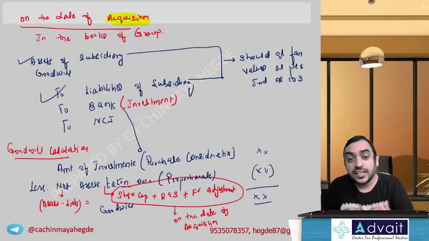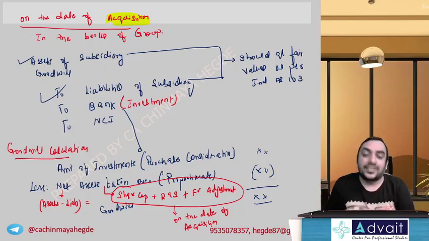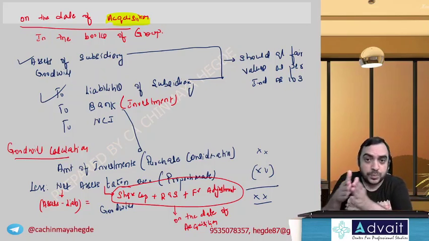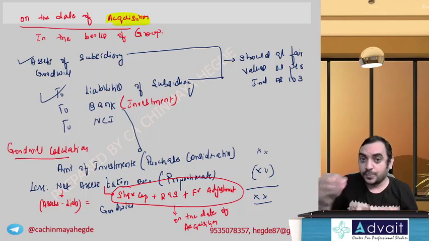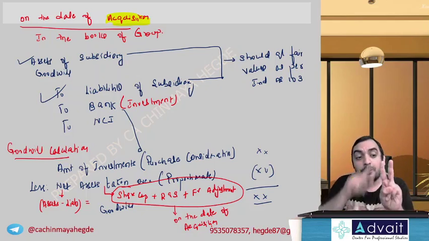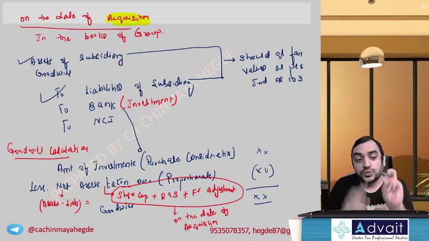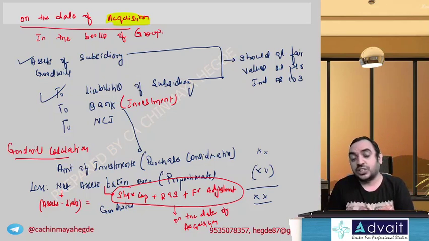In other words, we divide the reserves and surplus into two parts: pre-acquisition profits and post-acquisition profits, that is, profit up to the date of acquisition and profit after the date of acquisition.